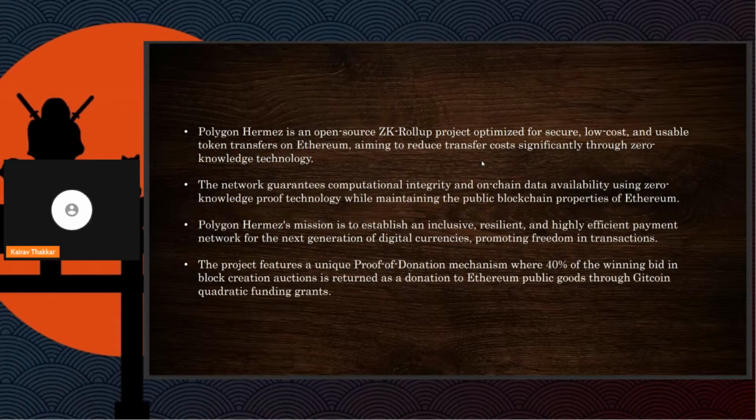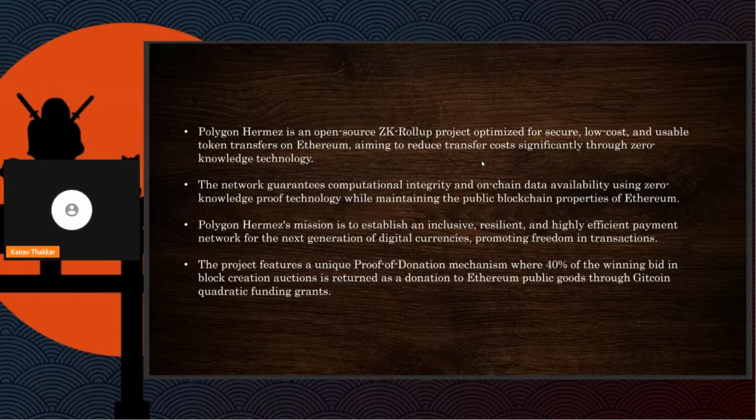For now, understand that let's say you have a lot of traffic on the road and you build a sort of bridge from point A to point B, and you try to reduce the traffic on the bridge. That's basically what rollups and sidechains do.